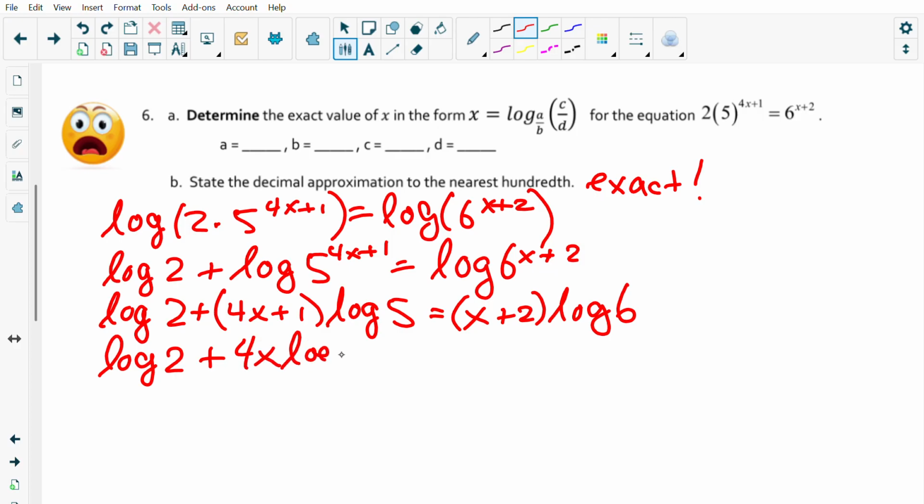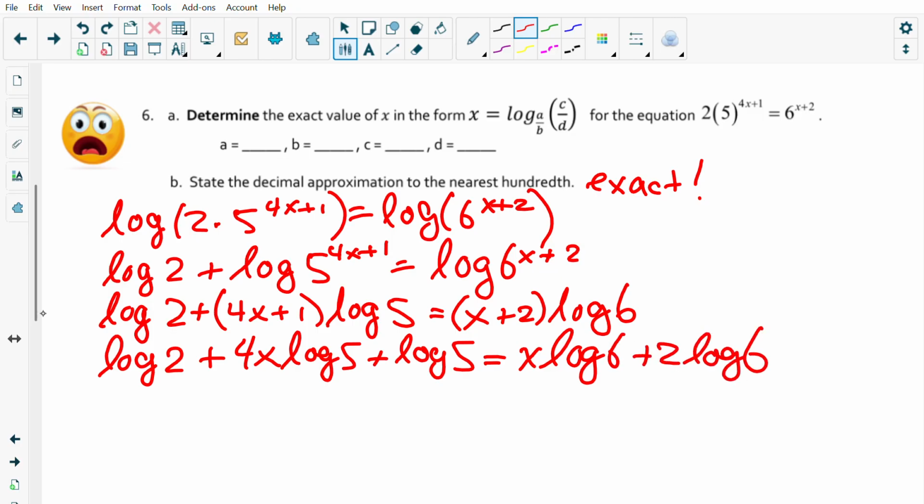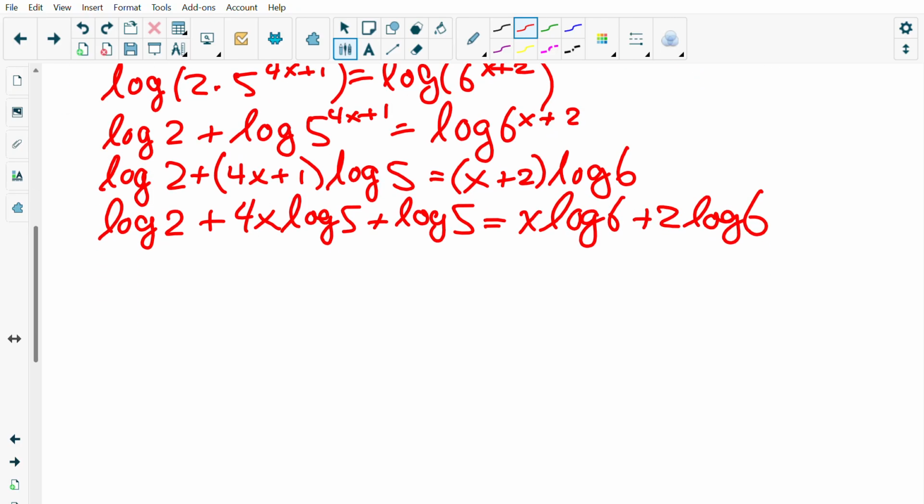Okay, I have log of 2 plus 4x log of 5 plus log of 5 equals, I'm distributing the log term, so x log of 6 plus 2 log of 6.